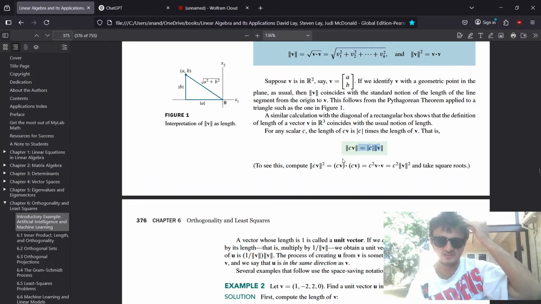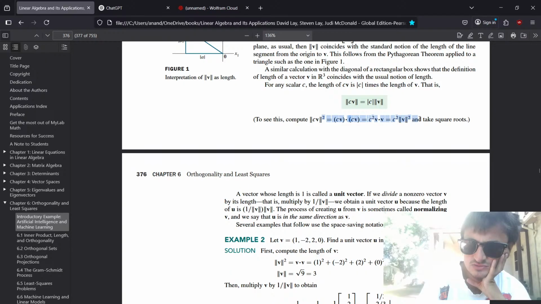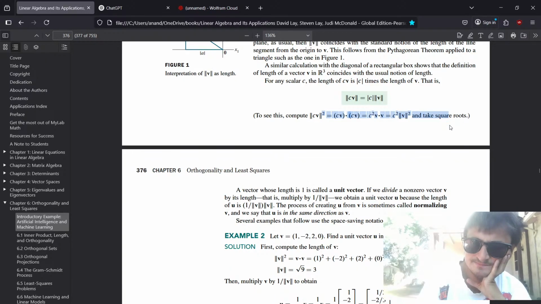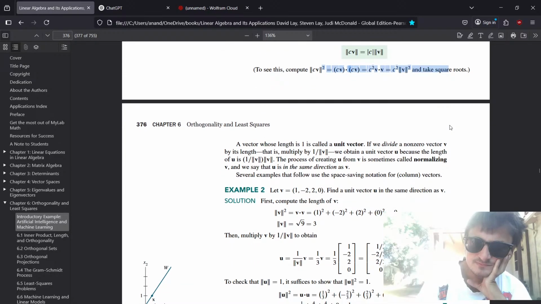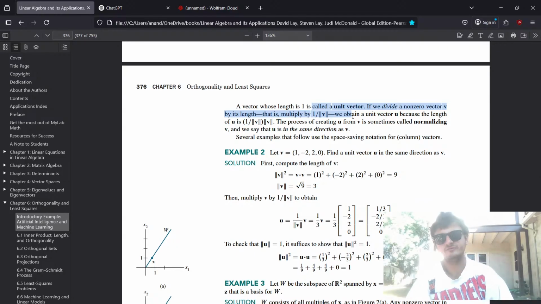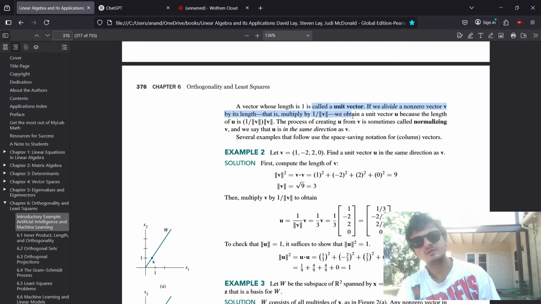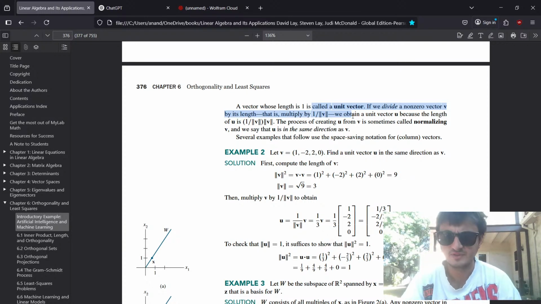Okay, here's another identity. To do this, compute the square. A vector whose length is 1 is called a unit vector. If we divide a non-zero vector v by its length, we obtain a unit vector u, because the length of u is 1.